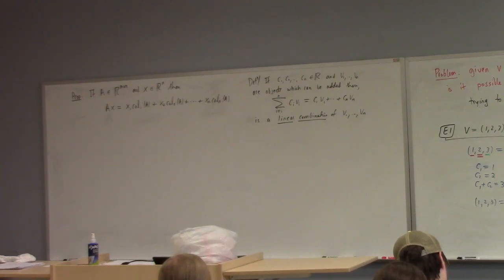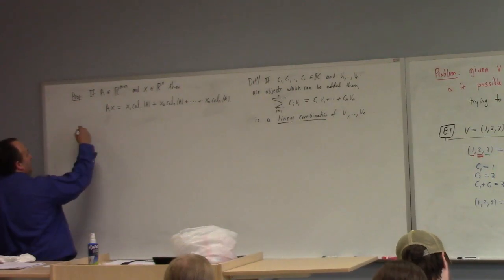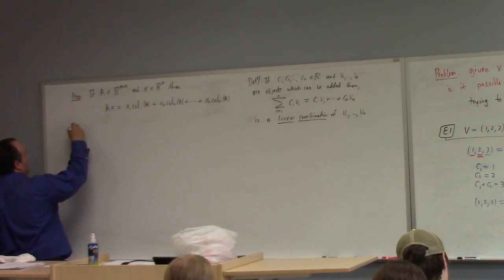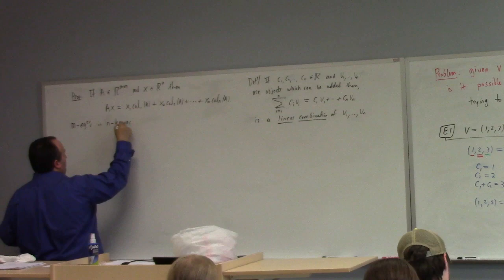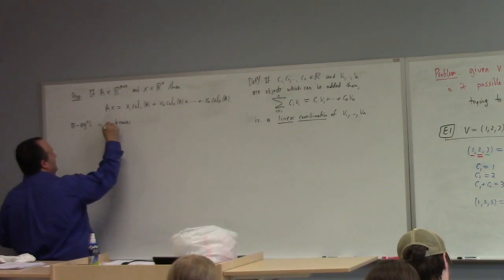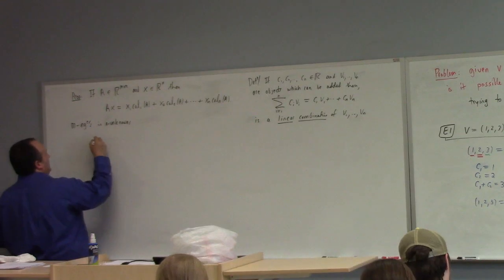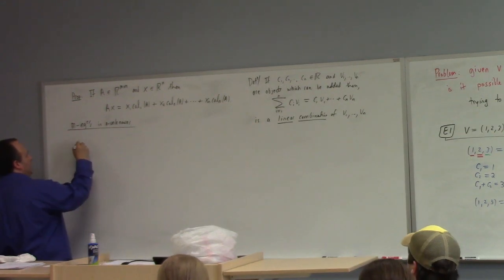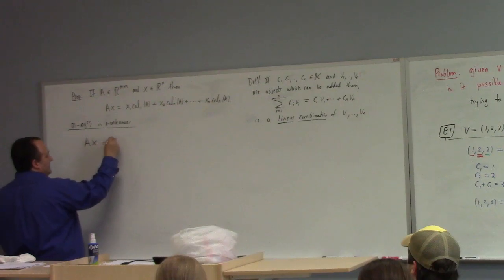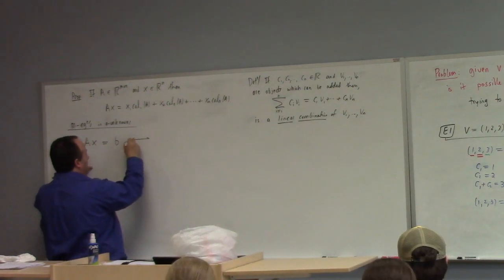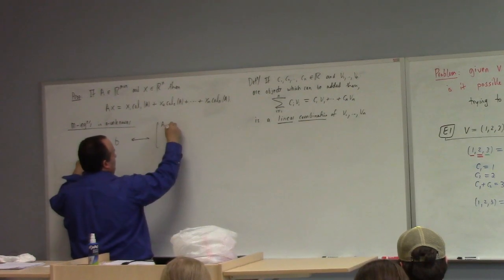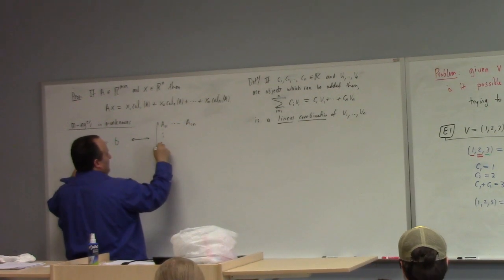Suppose I have m equations and n unknowns. I can write that as a matrix problem, which just looks like AX equals B, where this is shorthand for A11 through A1N down to AM1.